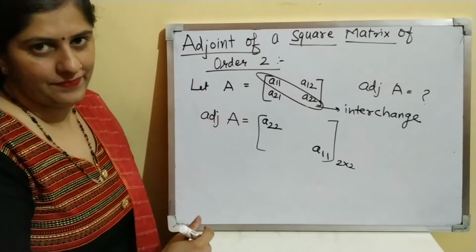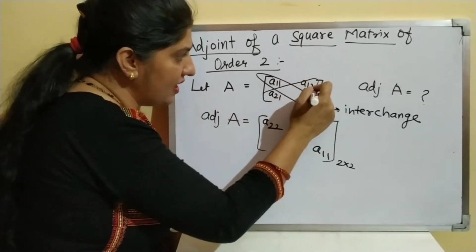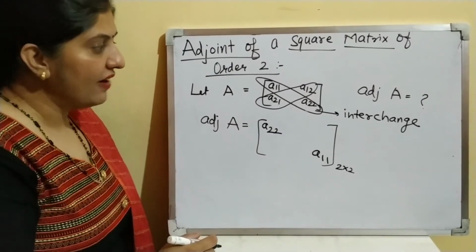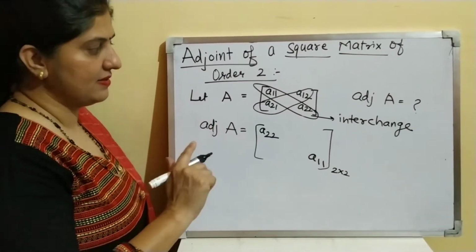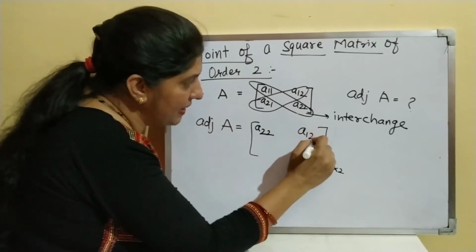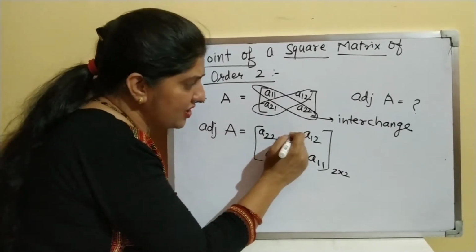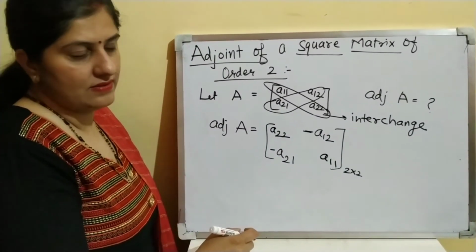Next step. Just change the sign of non-diagonal elements. Write the diagonal elements as they are and just change the sign of non-diagonal elements.